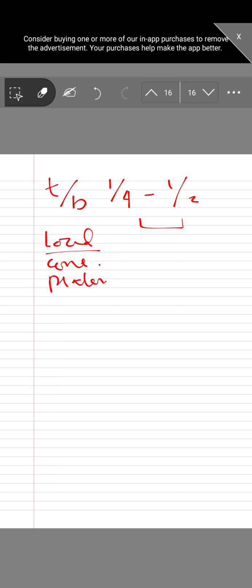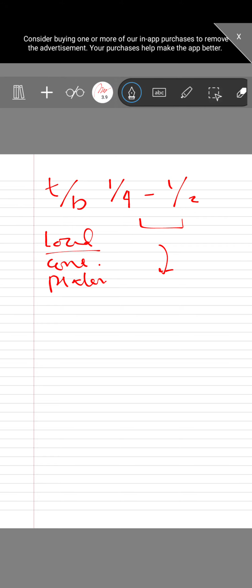Now, by keeping the ratio of t by b in this range, it has been found that it's possible to cause deformation of 90%.